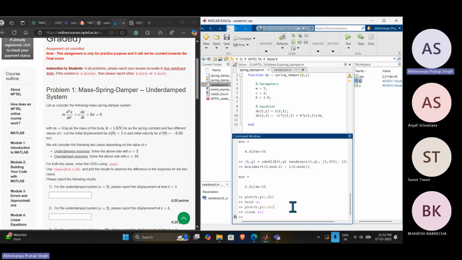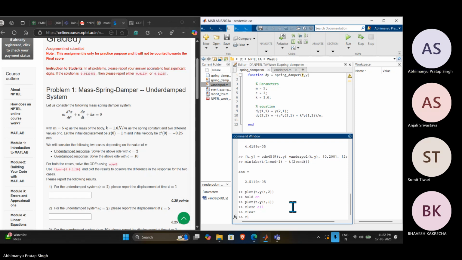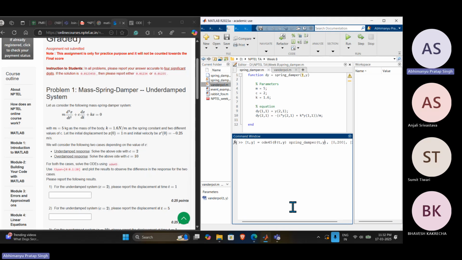Yeah, this is all that we need to change. For the under damped system, please report the displacement at t equal to 1. So I will just run it till 1. The initial condition is given to us: x0 as 1 and the velocity as minus 0.25.